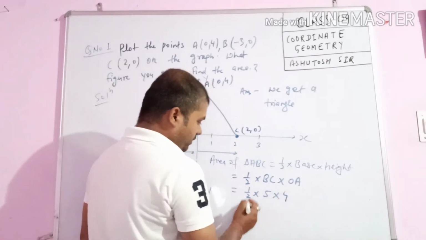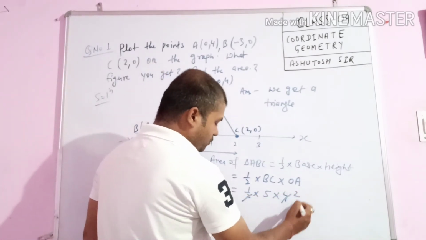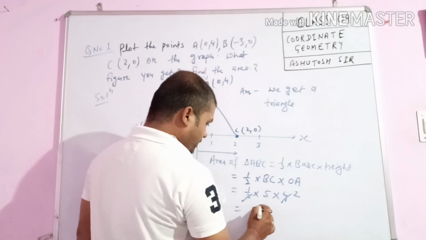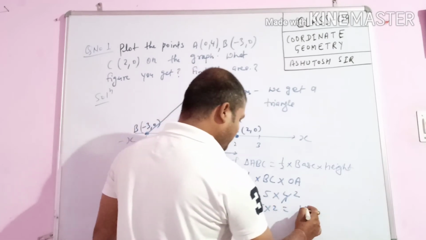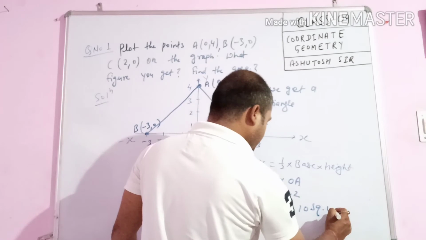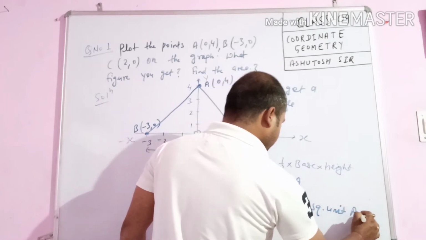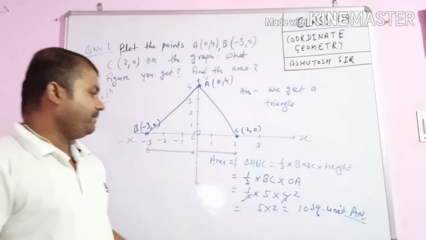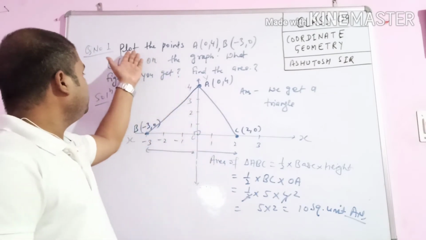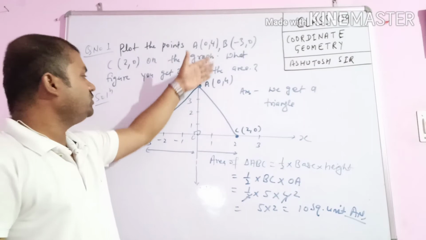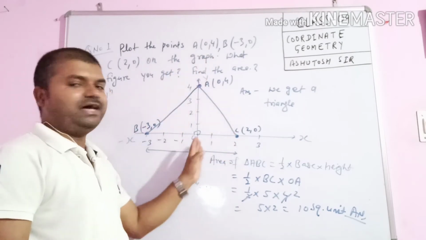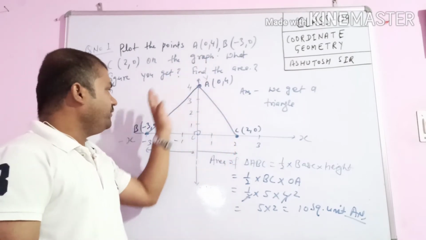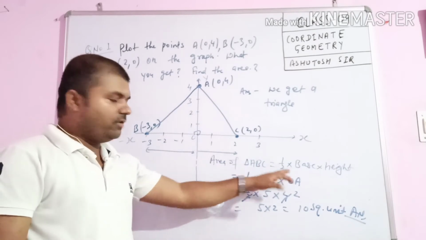Just put 4 units here and after cancelling 4 by 2 we get 5 into 2, that means 10 square units. That is the answer. Okay, this one is the simplest, how we plot points on graph paper, then decide which figure we obtained and then find the area of that figure.